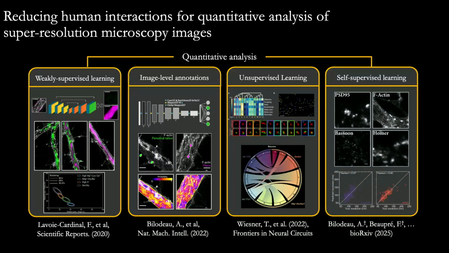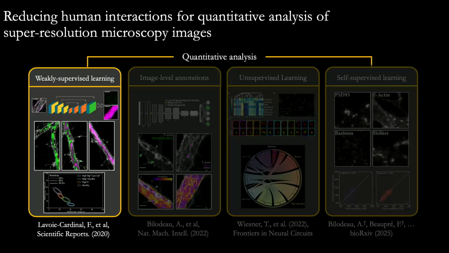And when we started working on the first project with weakly supervised deep learning, the first experiments we did before publishing the paper were just after the UNet had been published in 2015. And we tried to apply it to our samples. And you can see it took us a few years until we were able to publish.